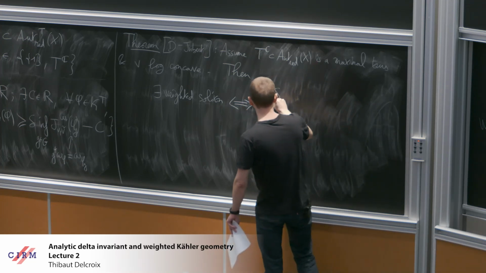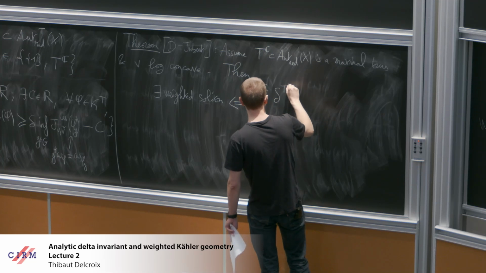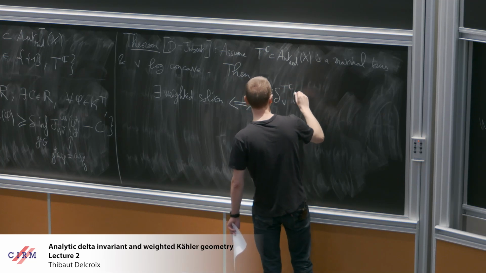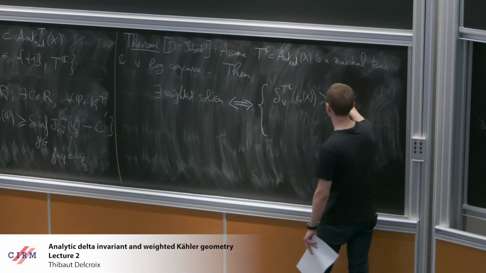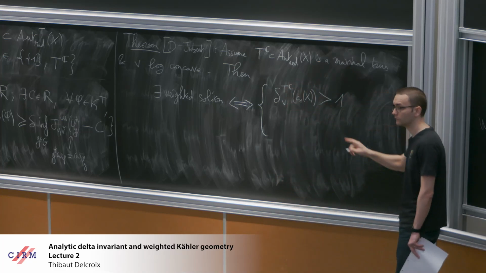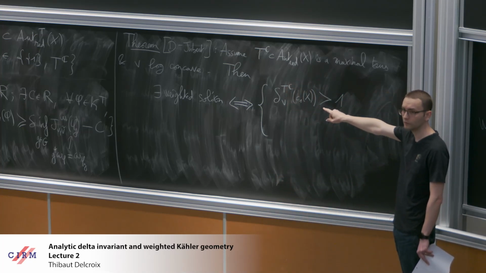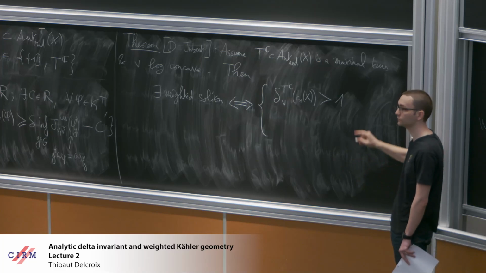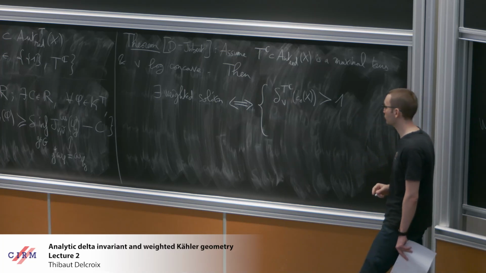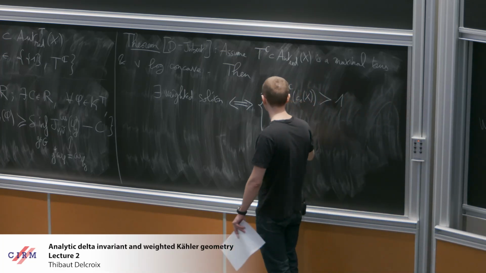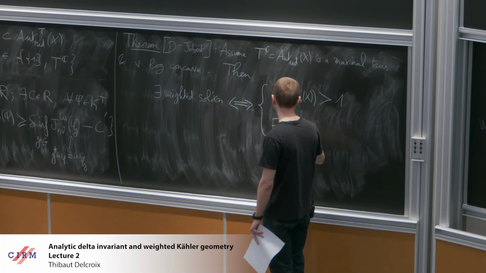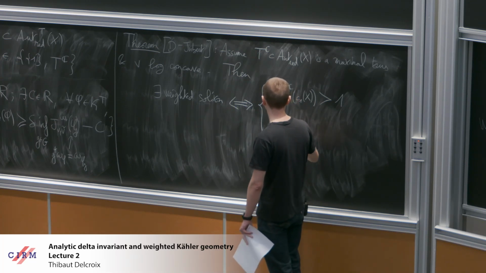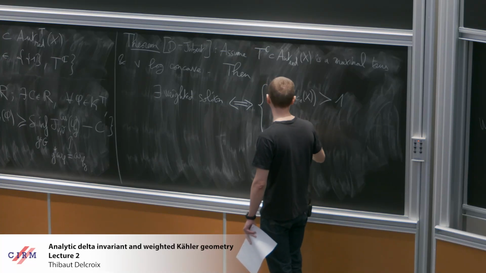One is in terms of the delta: the TC reduced version should be strictly bigger than 1. And the other condition is that the weighted Futaki invariant vanishes.